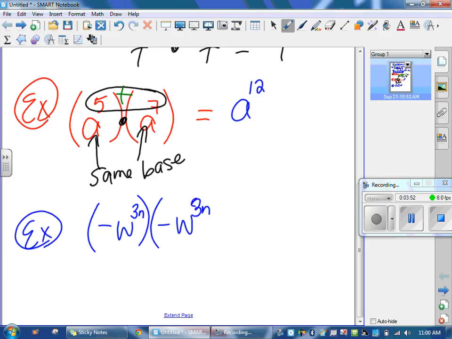I'm going to make it 8n. There we go. We have 8n. All right, now we're using variables. Same variable, we have to add them together. Are those like terms? They both have an n? Yep, I can add them. So my final answer will be negative w all to the 11n.